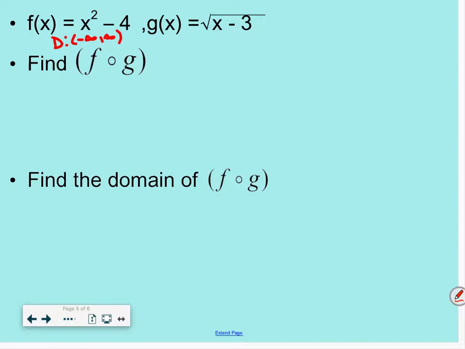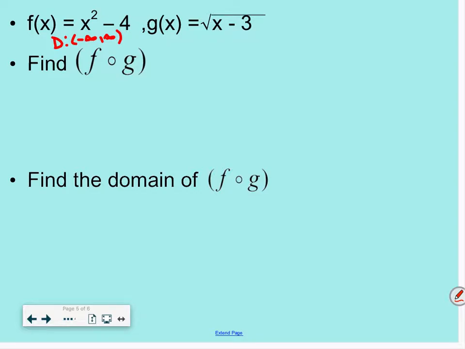g of x is a square root function shifted to the right 3. Well, if we think about the parent function of radical x, its domain is what? For our parent function, it would be everything greater than or equal to 0, right?